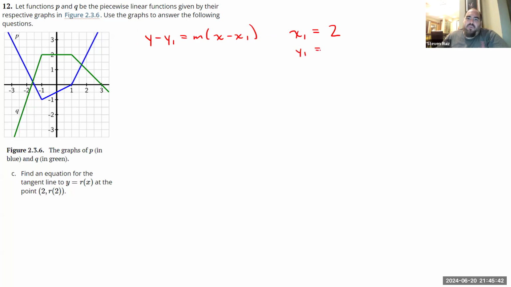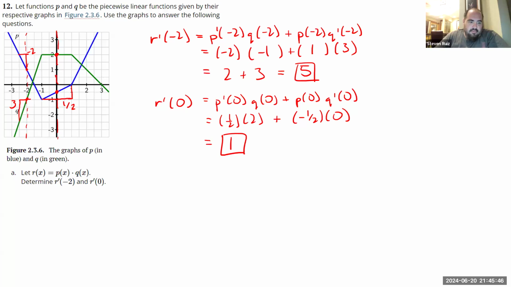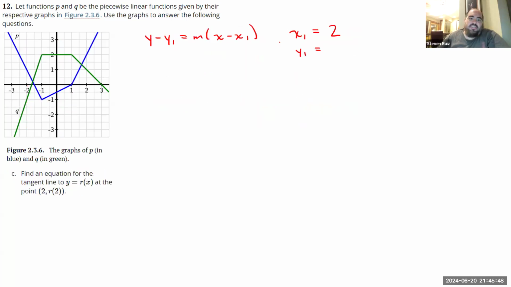Do we have a corresponding y value? I think that we have found that elsewhere. No, I'm incorrect. We have not dealt with this. So let's do that first. So our y is going to come from r of 2. R of 2, let's remind myself, is it q over p or p over q? Oh, it's p times q. So r of 2 is equal to p of 2 times q of 2.